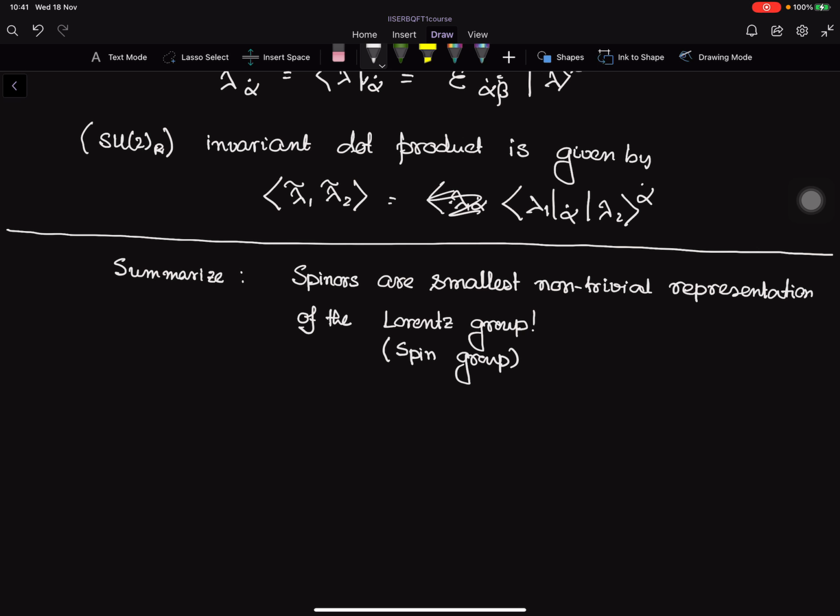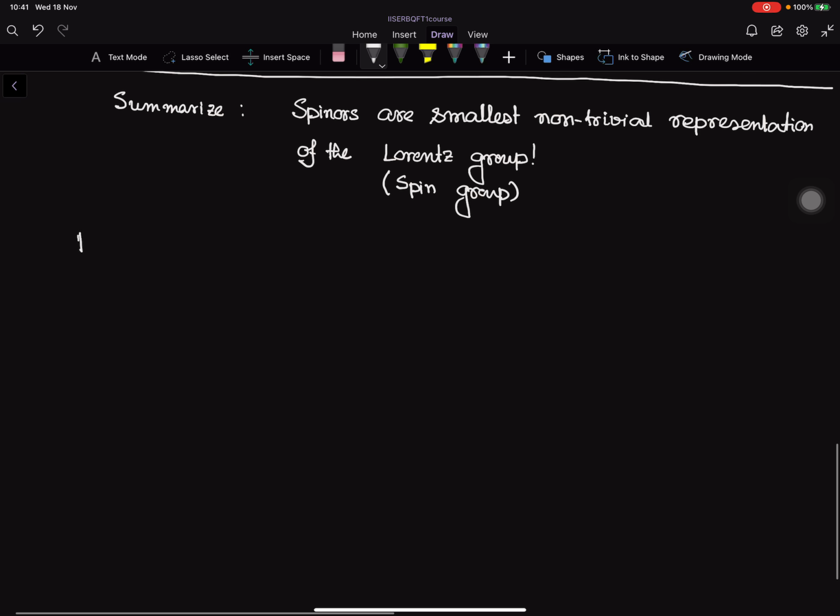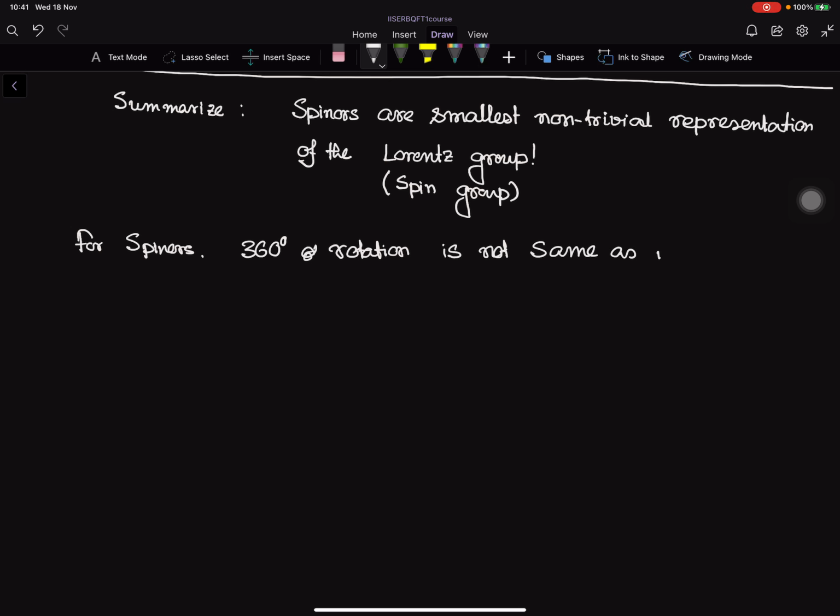So you know that for fermions, for spinors, a 360-degree rotation is not an identity. Okay, a 720-degree rotation is.